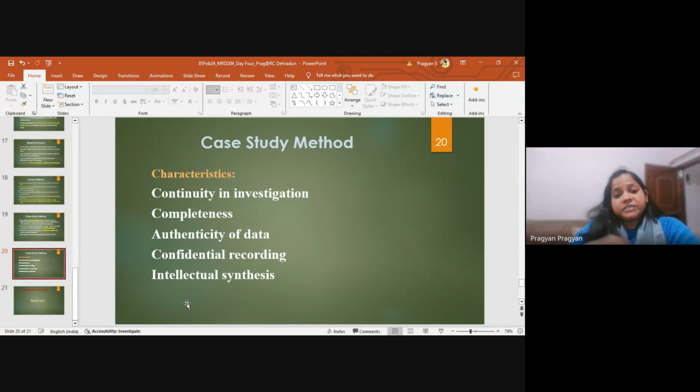Then it continues, in the sense that you can ask them what development programs were available at that time when you were here. So this is developing deeper insight by investigating continuity in investigation. That is the first and very key hallmark of the case study method.